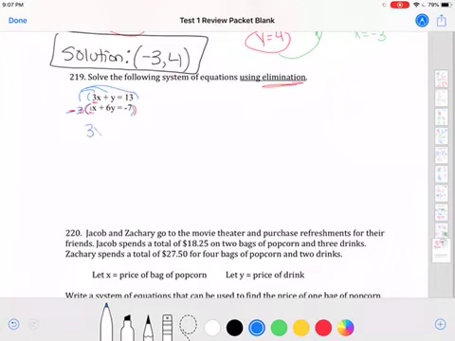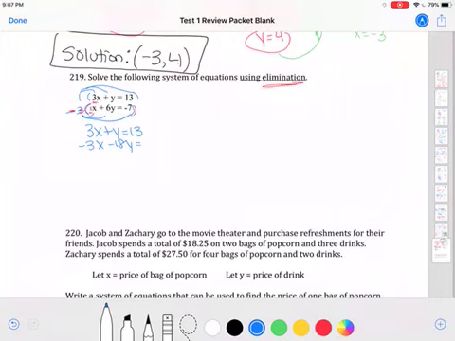So again, if you distribute that 1 through, it's just going to stay 3x plus y equals 13. On the bottom, distribute a negative 3 through. Make sure you carry that sign all the way through. Negative 3 times 1x is a negative 3x. Negative 3 times 6y is a negative 18y.